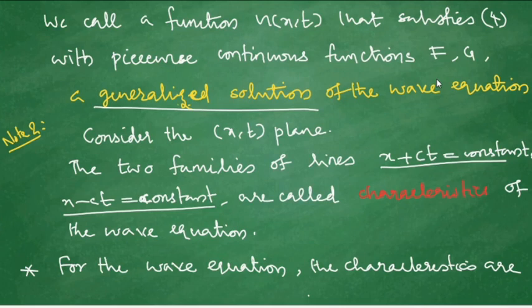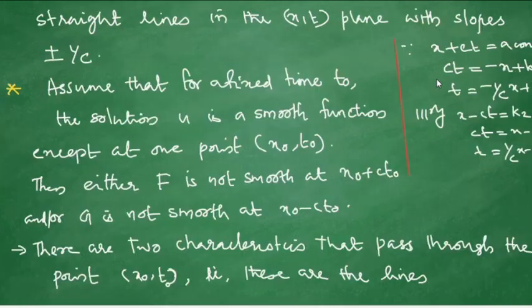For the wave equation, the characteristics are straight lines in the xt plane with slopes plus or minus 1 by c. The slope is obtained when we write the straight line in the form y equal to mx plus c, with m as the slope. So write the equation x plus ct equal to a constant as ct equal to minus x plus a constant, say k1.